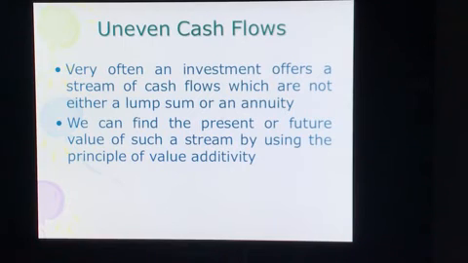For uneven cash flows, maybe we can't calculate the present value by using the annuity formula. It totally depends upon the situation. Maybe it is a mix: for a certain time period it's an annuity, and for another time period we have different cash flows.